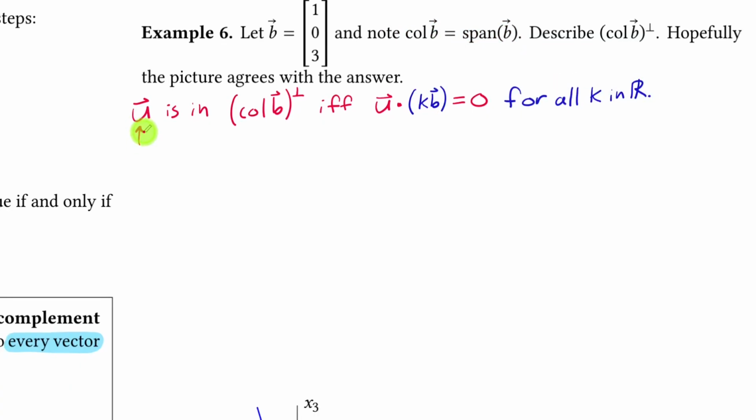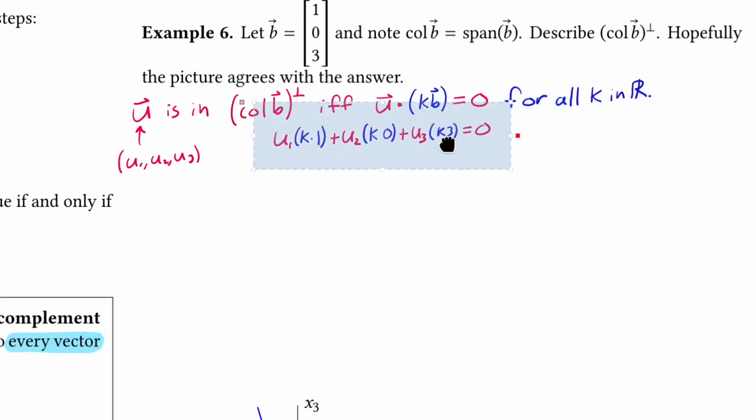And we can again write u as the vector (u1, u2, u3). So if we want to write out u dot kB, that's going to be u1 times k times 1 plus u2 times k times 0 plus u3 times k times 3.